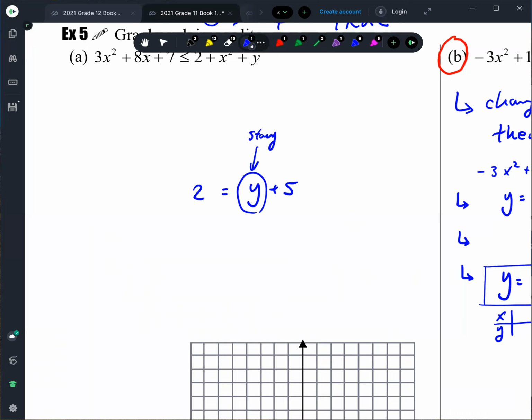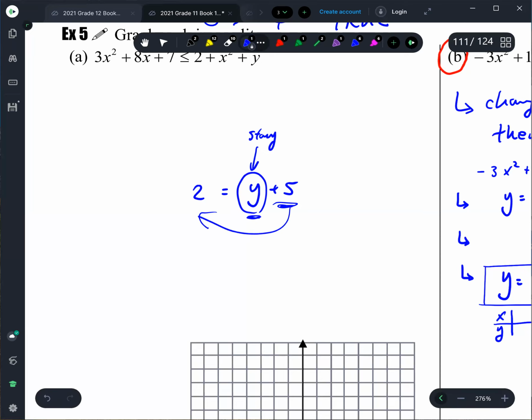But the y has to stay on the right side by itself. It has to be alone. Which ones shouldn't be on the right side? 5. Right, 5 is on the right side, and we don't want the 5 there. I want the 5 to go away, so then the y can stay by itself. So the 5 has to go. Okay, so what does it look like after you move?